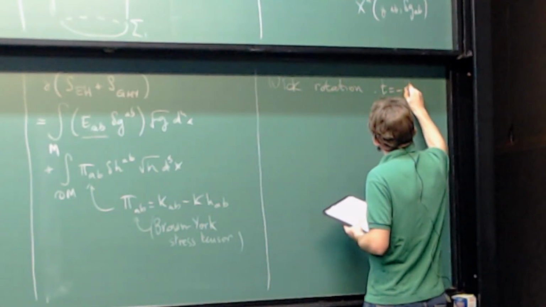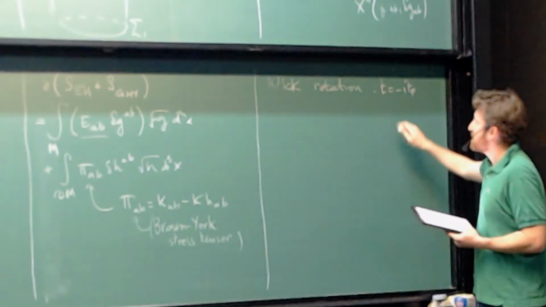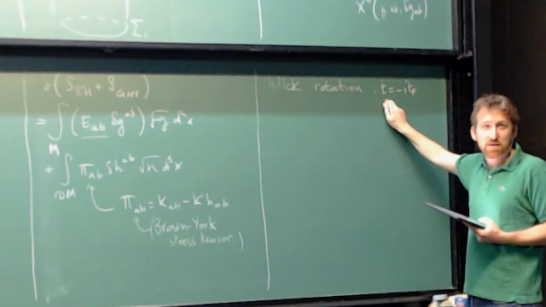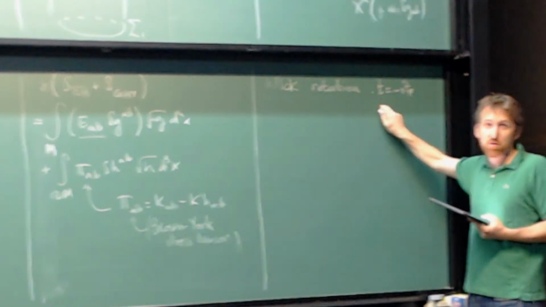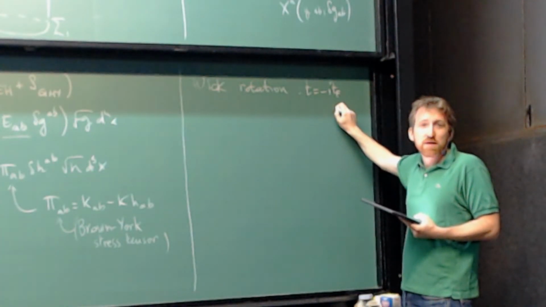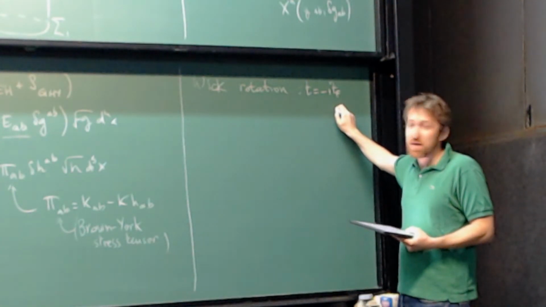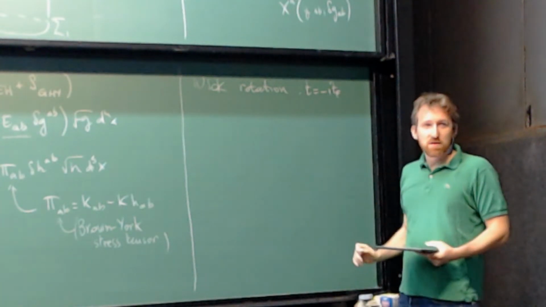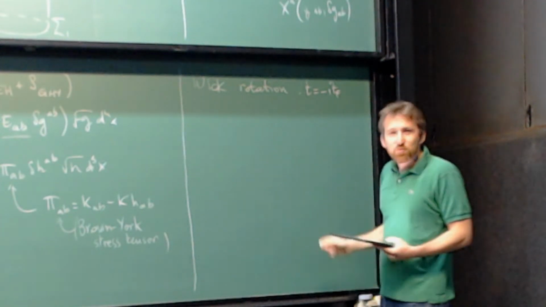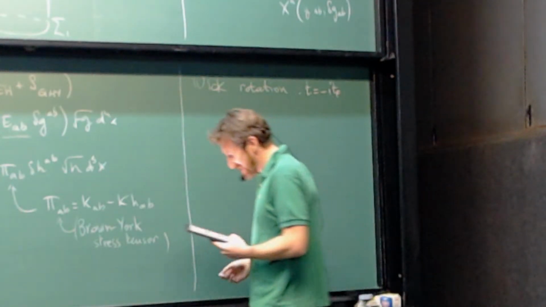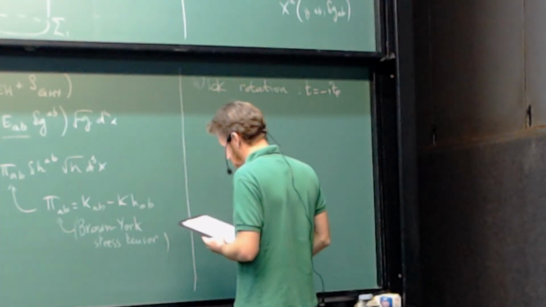Formally, this means that I'm assuming that there exists a coordinate t everywhere defined in my Lorentzian spacetime, and I'm analytically continuing to minus i tau, a Euclidean coordinate that is real. So I'm rotating the path integral contour. You could have problems with that, you would be right, and tomorrow we'll see some of the problems that happen there.